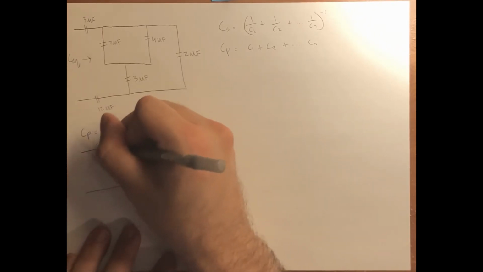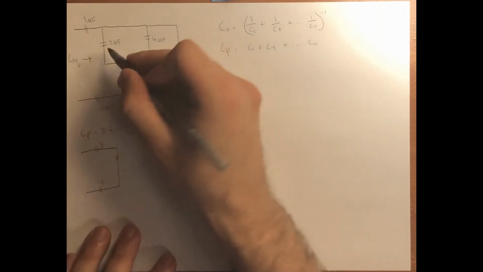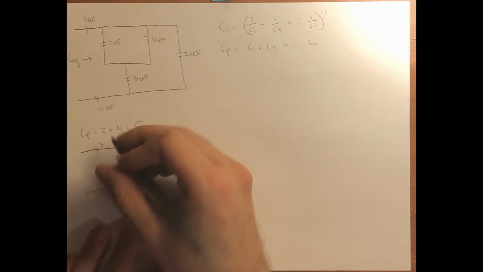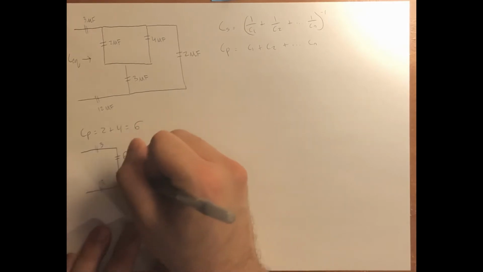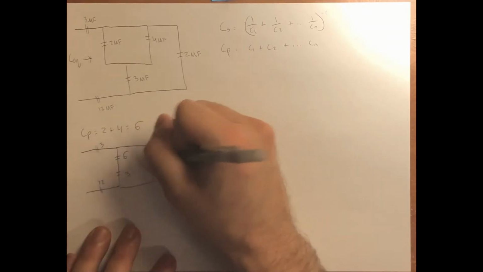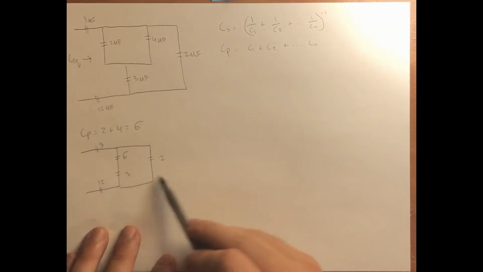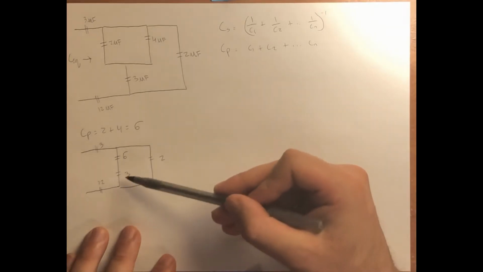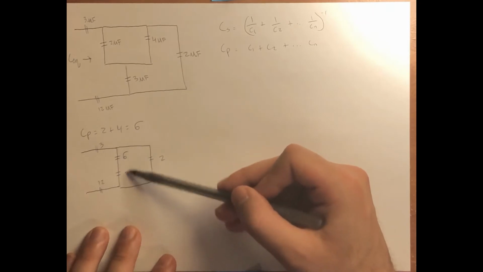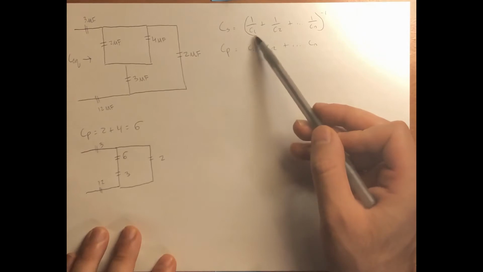We have the 3, we have 12, these two become 6, which we just calculated, and then we have the 3 at the bottom, and the 2 across. This circuit we're able to simplify again. We can see that the 6 and the 3 microfarads are in series.